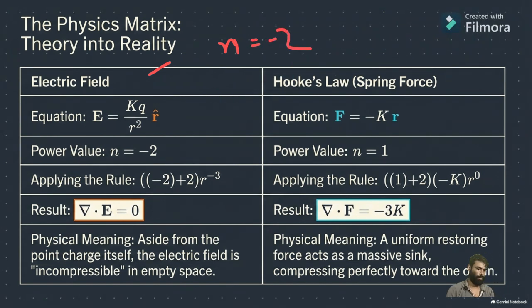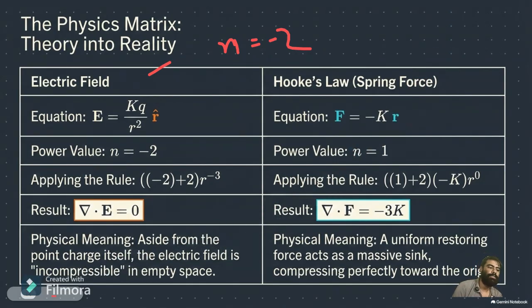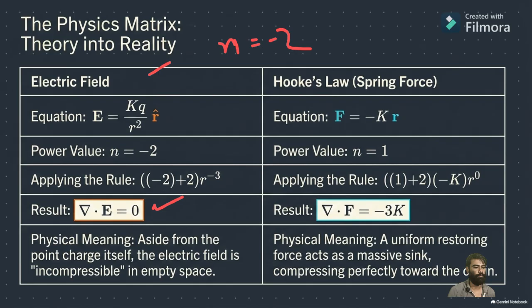If you apply the rule you have learned, you can see that the divergence of the electric field is 0. And what does it mean? That means the electric field from a point charge is incompressible in empty space. This is solenoidal, neither sinking nor sourcing.